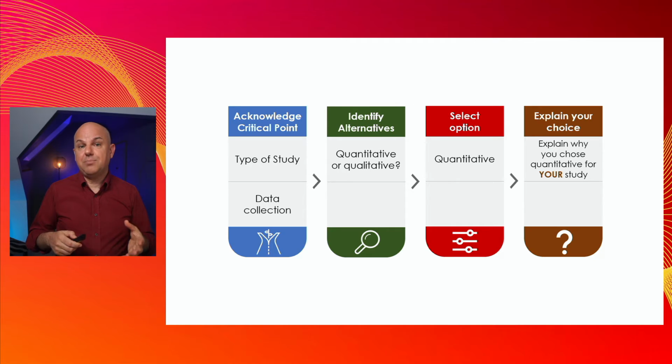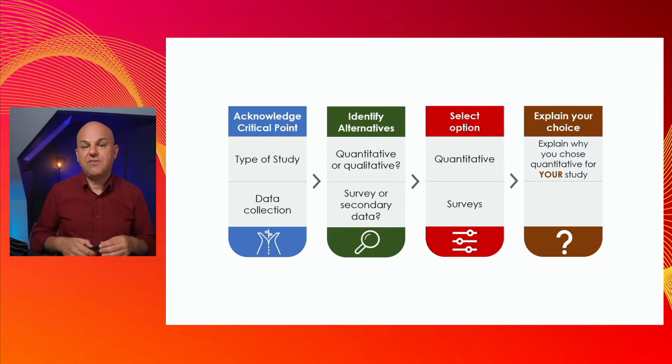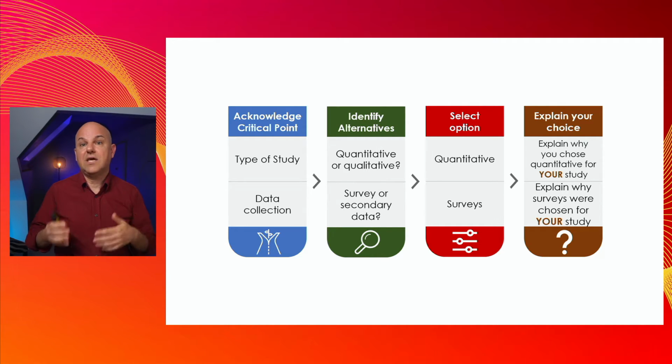And I'll come back to this later. Another example could be about the data collection strategy. So you have to identify alternatives, and you could use a survey or secondary data. Then you have to select an option from the alternatives, such as a survey. And if survey is your choice, then you have to explain why it was chosen for your study.